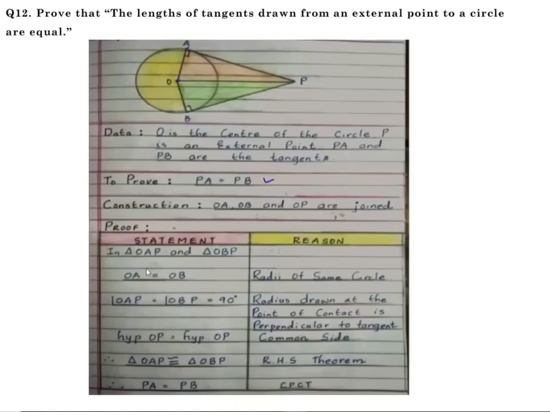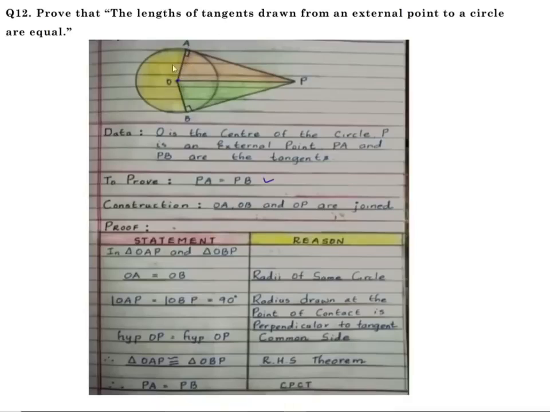Proof. Now, going to the proof part, in triangle OAP and in triangle OBP, look at these triangles from the figure. In both the triangles, what is common?